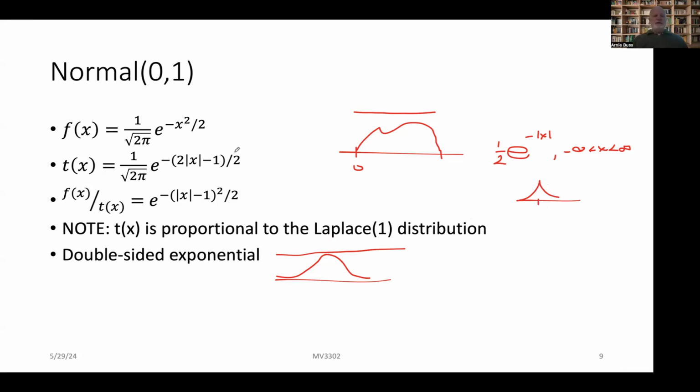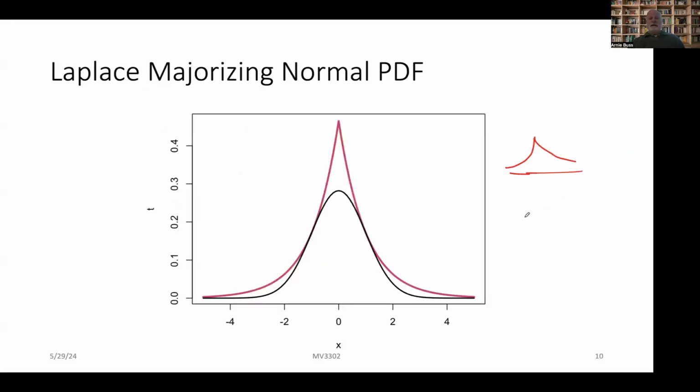But here you have to watch out, because this decays linearly in x, whereas the normal PDF, remember, is this beast, which decays as e to the minus x squared. What that means is that, at least past a certain point, asymptotically, the Laplace is always going to be above the normal.